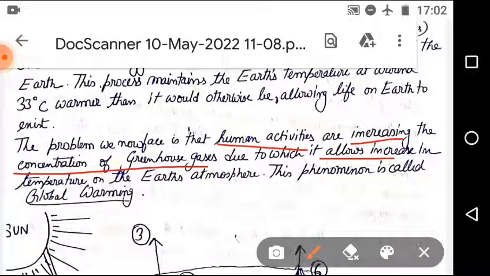More energy is absorbed by the earth's atmosphere, so more heat builds up on the earth's surface, and that's why it is called global warming. So what it is saying here is that due to human activities we are increasing the concentration of greenhouse gases, which increases the temperature of the earth's atmosphere, and this phenomenon is called global warming.